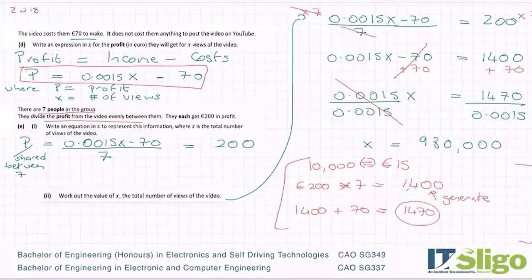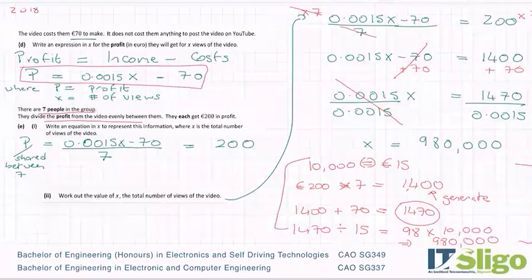Okay, and then if you divide that then by 15 euros. Why 15 euros? Because 15 euros is the same as 10,000 views. If I do that, I'm going to get 98, and it's 98 blocks of 10,000 views. So if I multiply it by 10,000, I will get 980,000 views.